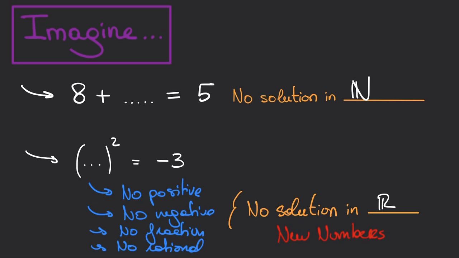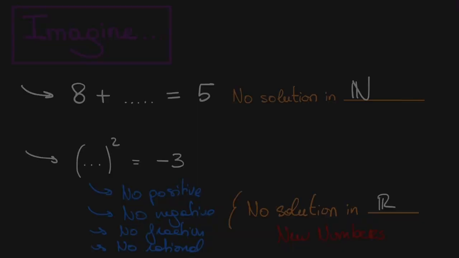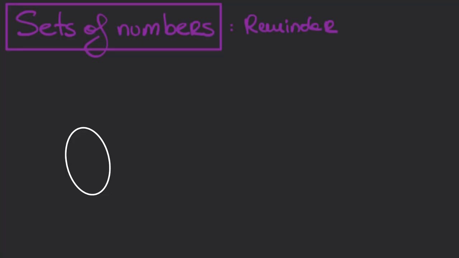So let's be grateful to the mathematicians that came up with these new numbers, and let's take a step back to clarify what are the different numbers that I already know, what is a set of numbers, and what is the new set of numbers that I'm going to work with. First of all, what we call a set in math is just a collection of elements.